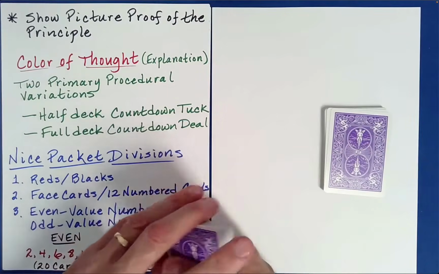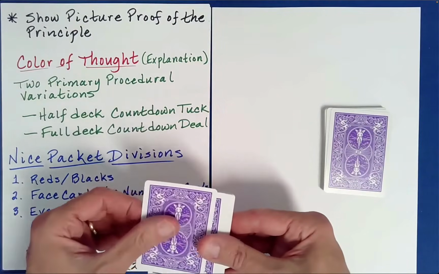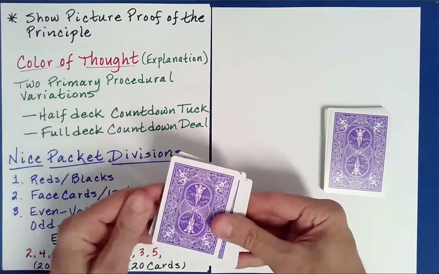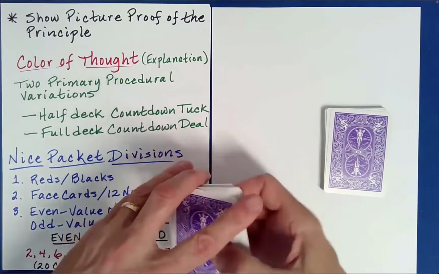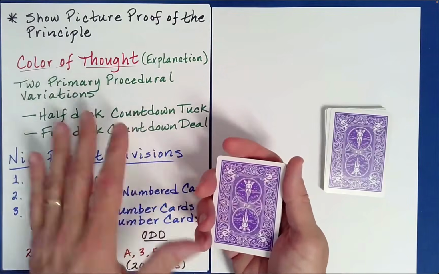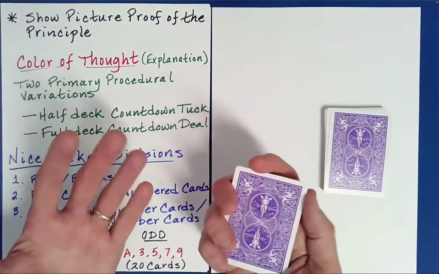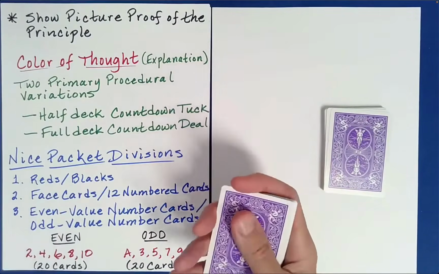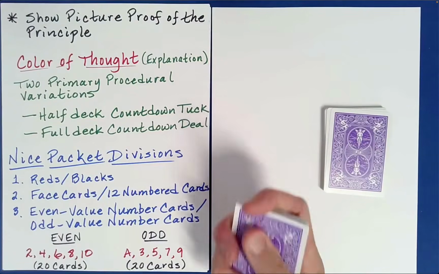We're just counting the reds, right? Finding any red, 3. So anyway, you go through until you get to that 12th red card, and it will be the card that you noted. Here, it would be the Queen of Diamonds that we just showed you.